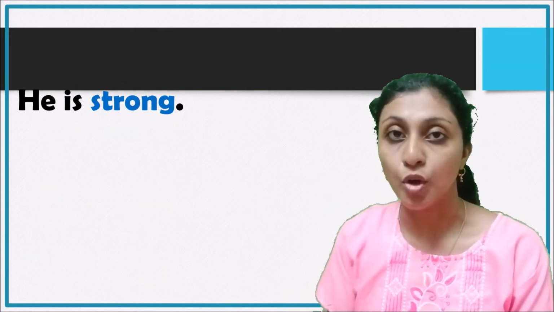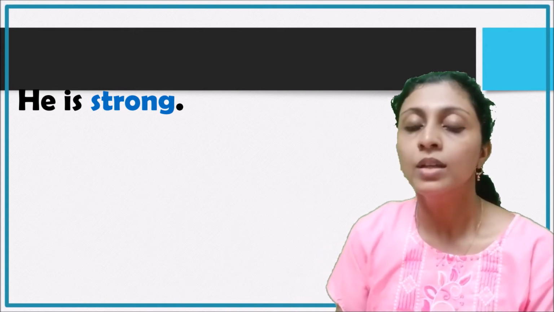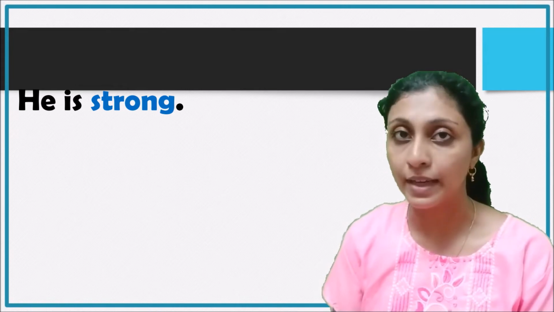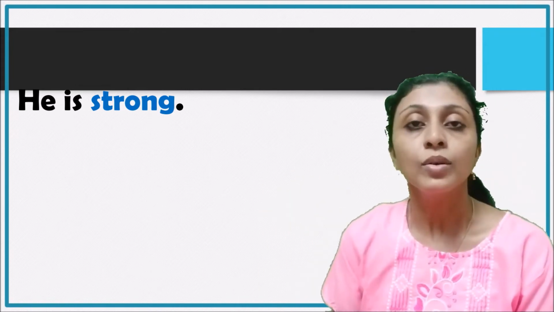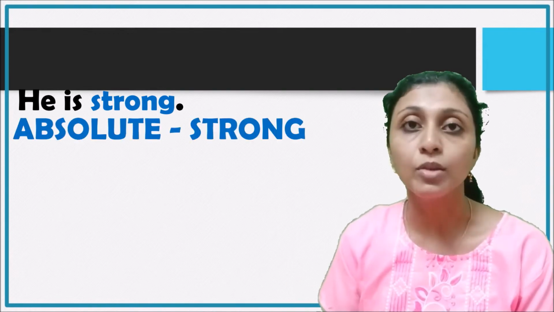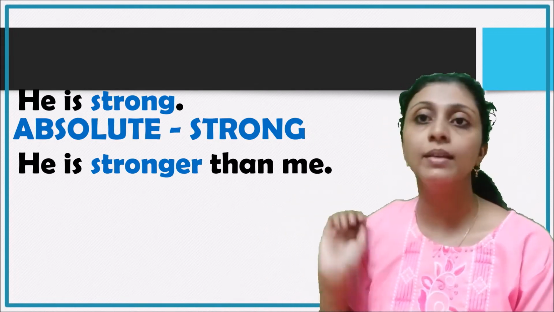He is strong. Is there a comparison happening in this particular sentence? No. There is no comparison happening in this sentence. We are just stating a fact, which is he is strong. So, strong is the adjective in the absolute case. He is stronger than me.